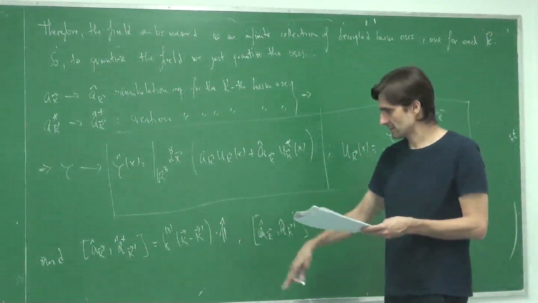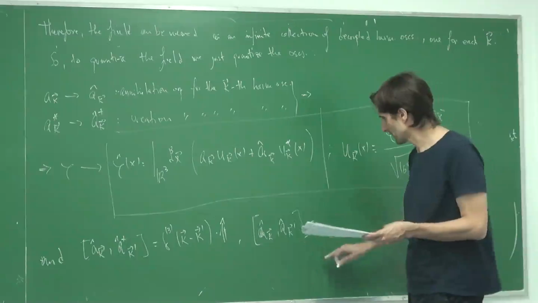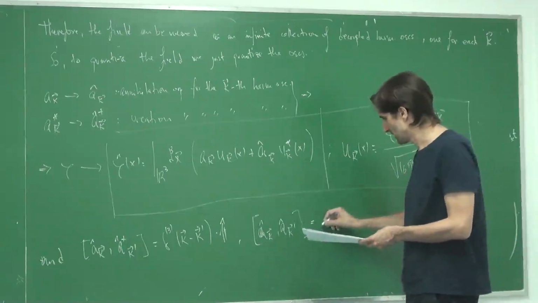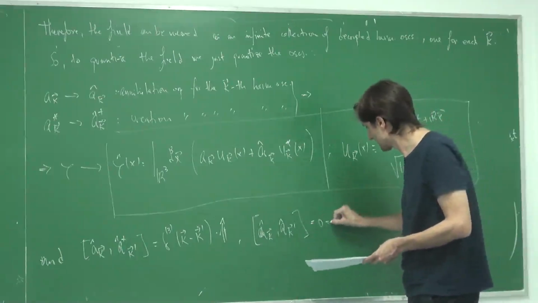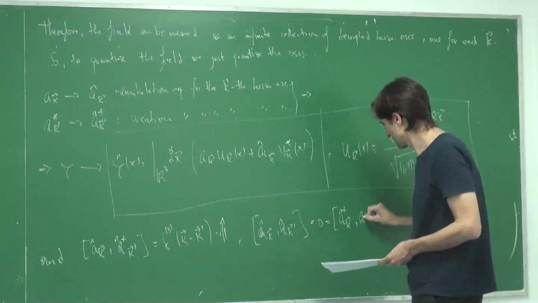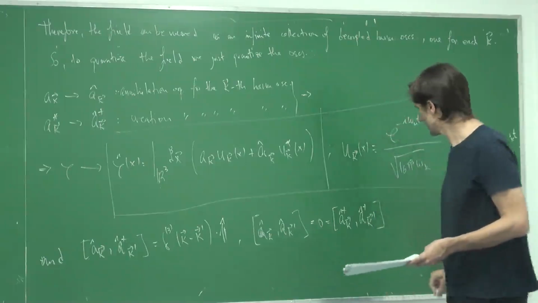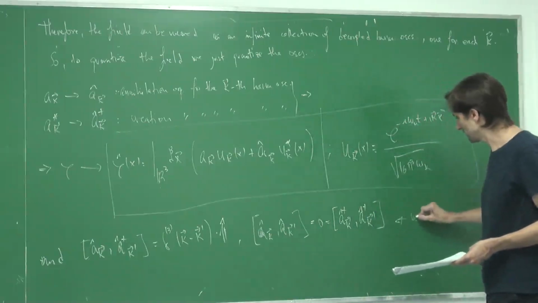So the a's obviously commute and the a daggers commute as well. These are the commutation relations.